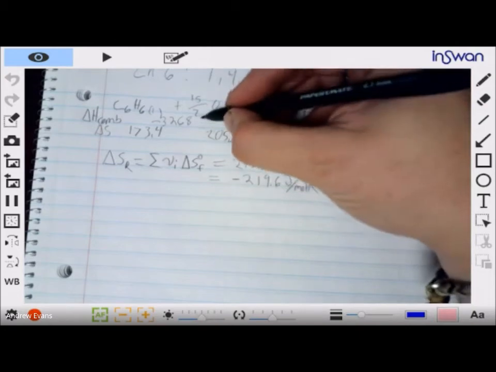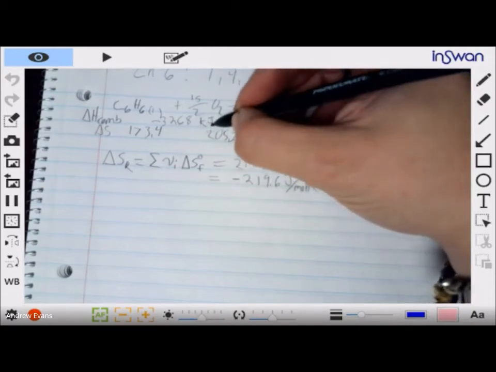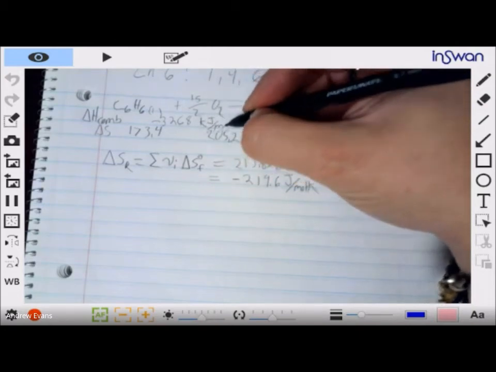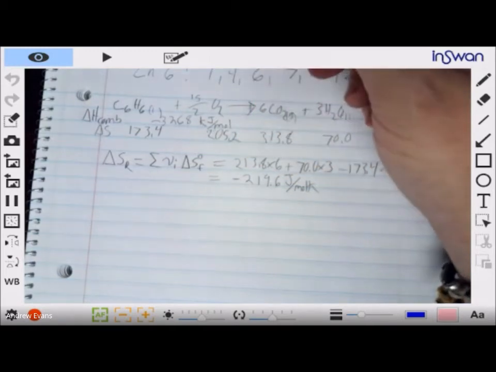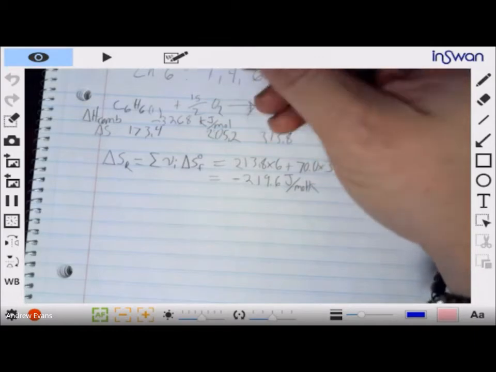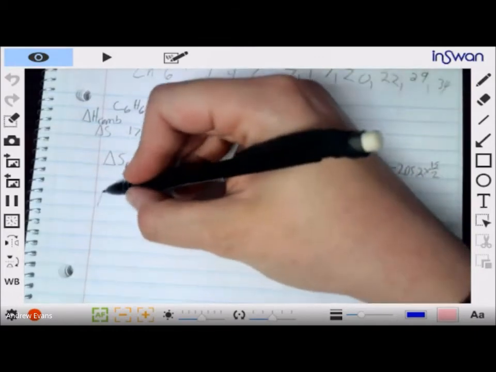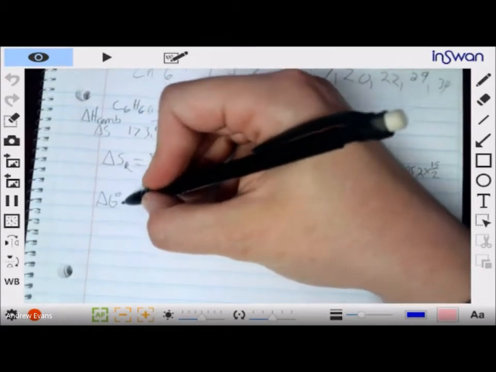Our value for delta H of combustion is just negative 3268 kilojoules per mole of reaction. Now to calculate our Gibbs, that is the easiest thing.